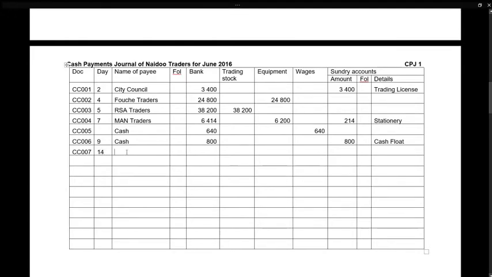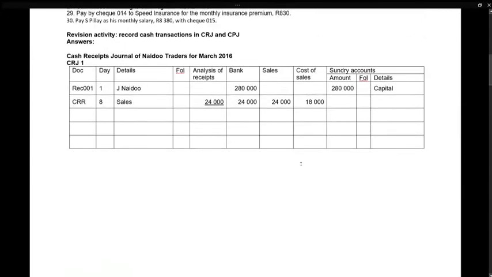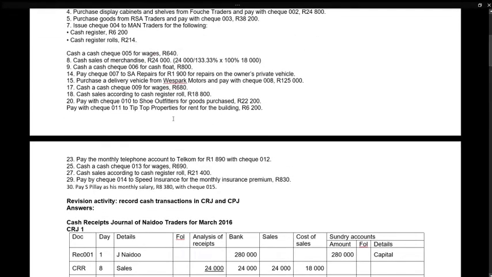We paid it to SA Repairs. Sorry, my bad. Repairs, and then the amount that we paid them was 1,900 Rand. Not for trading stock, not for equipment, not for wages, but for drawings. It is repairs, but remember, for private purposes, therefore drawings.